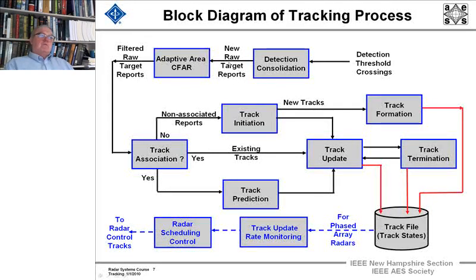And then what we do generally is send those raw target reports into an adaptive area constant false alarm rate processor that is used most often in radars that work in the atmosphere to deal with breakthrough clutter, with bird migrations, with, down in the south, the bats leaving the cave for an hour.